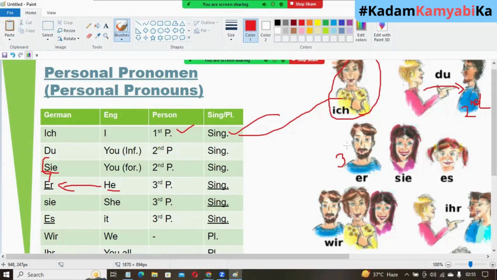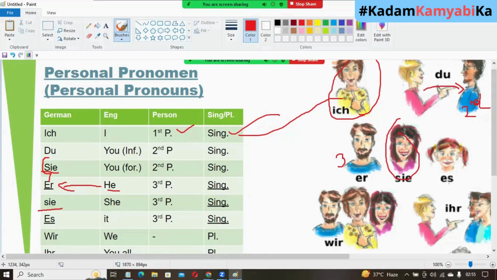If two people are talking about a lady, then it will be again sie, but with a small s, which means she in English. It's referring to the third person again and singular in nature.